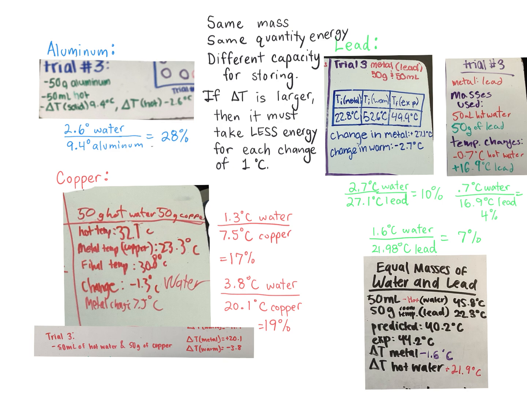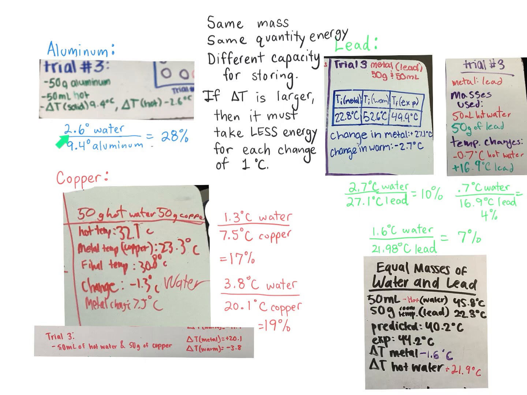So what I did when I looked at these outtakes of different boards is I did a little ratio of temperature changes, and I thought, well, if the temperature change is smaller, the heat capacity's got to be proportionally bigger. So I thought about it as the temperature change of the water compared to the temperature change of the metal would tell us what percent of the heat capacity of water that metal has.